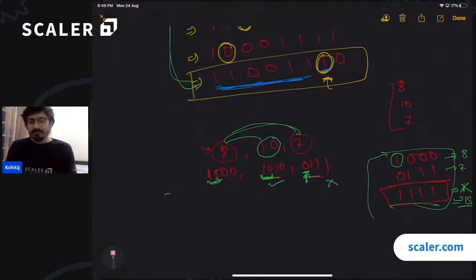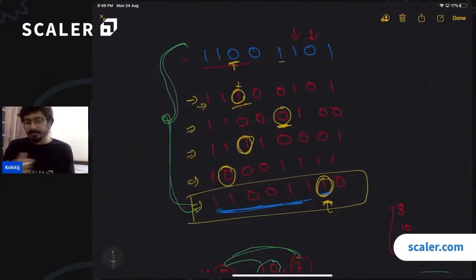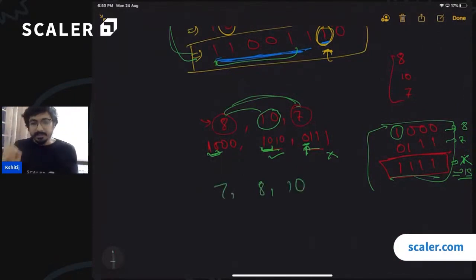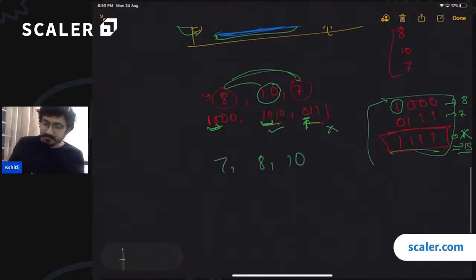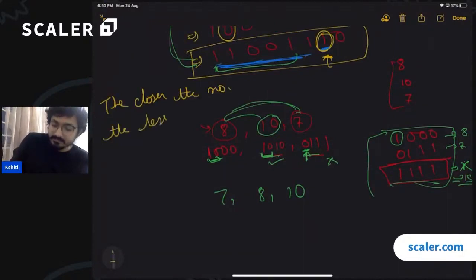Okay, so how to solve this problem? Now, the intuition that comes to mind is the closer the number, the more similar bits we are going to get on the left hand side. If you sort these numbers, you get 7, 8 and 10. The intuition is the closer the numbers, the lesser the XOR.